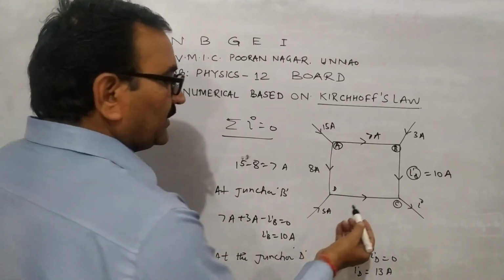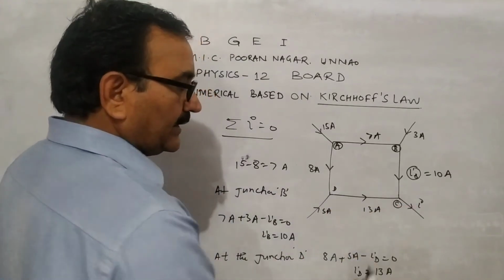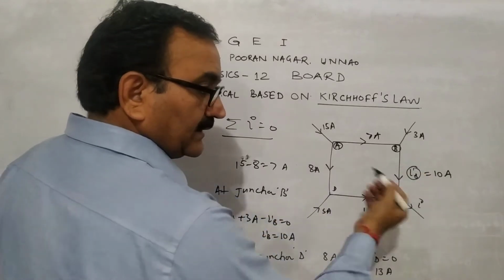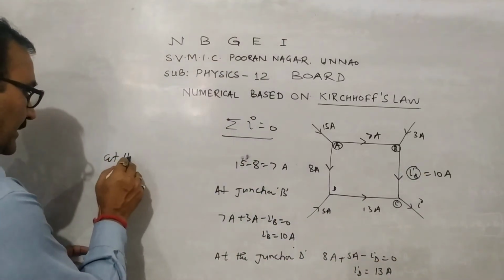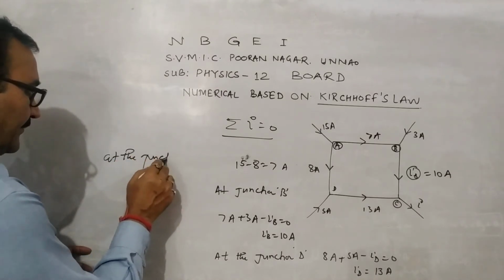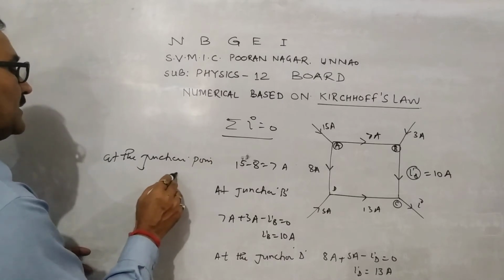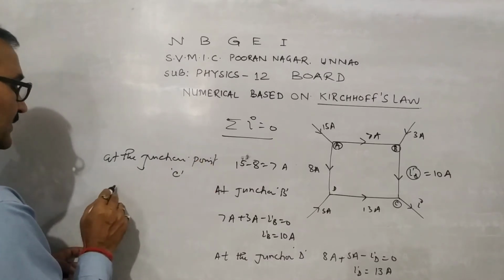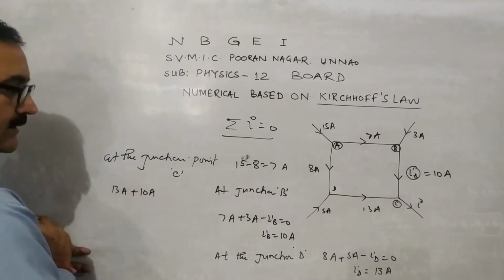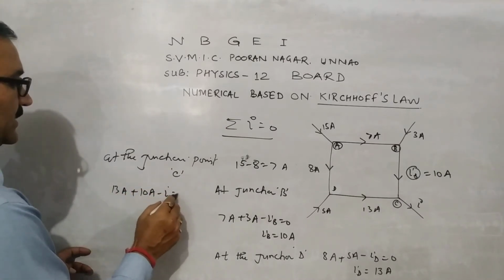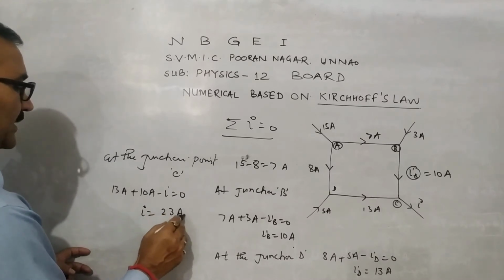So very well you know, this 13 ampere is incoming current, and this 10 ampere is incoming current. So at the junction point C, 13 ampere plus 10 ampere minus I is equal to 0. So here I is equal to 23 ampere.